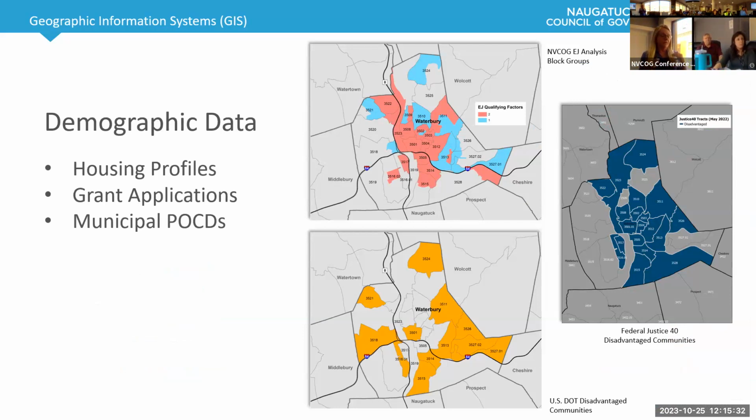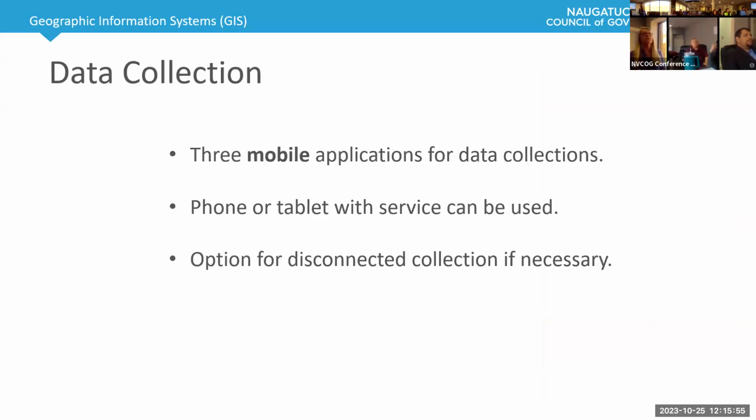We provide it either as data tables or mapped, like in these three examples. This is just three examples of three different ways of determining environmental justice areas based on different census data, whatever they've decided are important for that EJ classification.